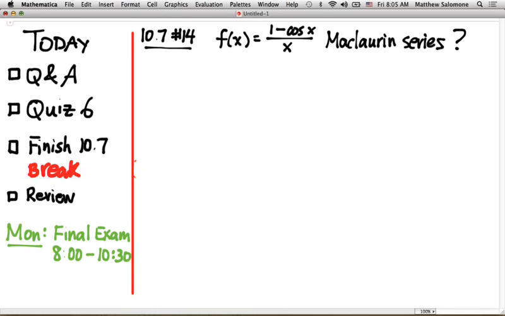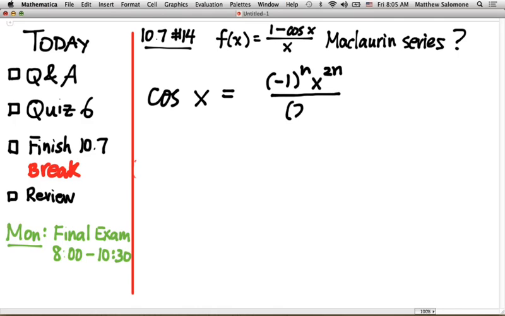So the Maclaurin series for cosine of x has as its general term negative 1 to the n times x to the 2n over 2n factorial. And then we're taking the sum as n runs from 0 to infinity.